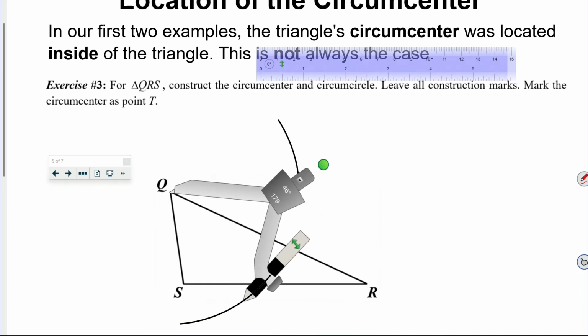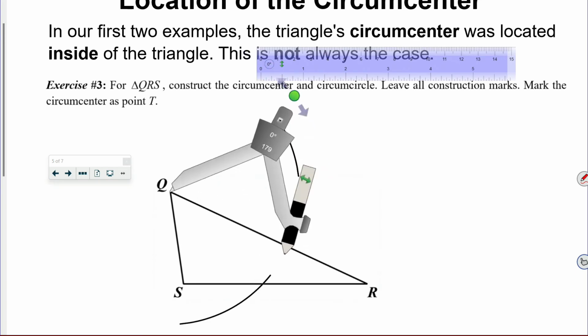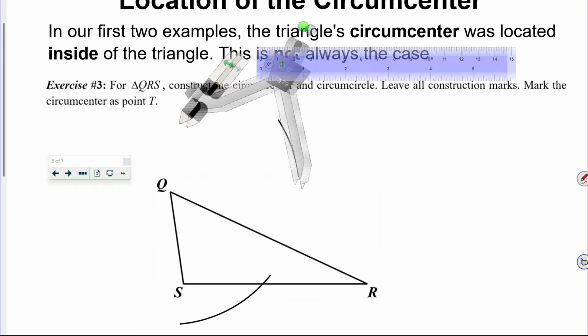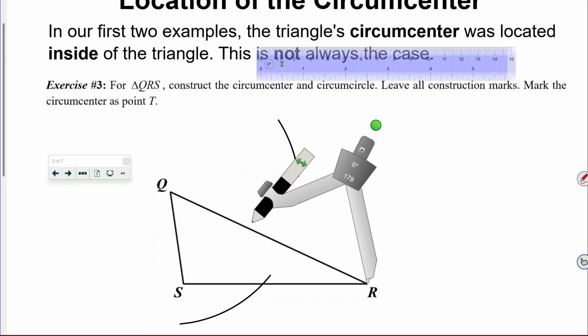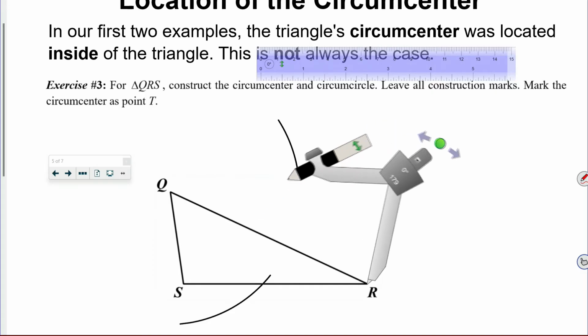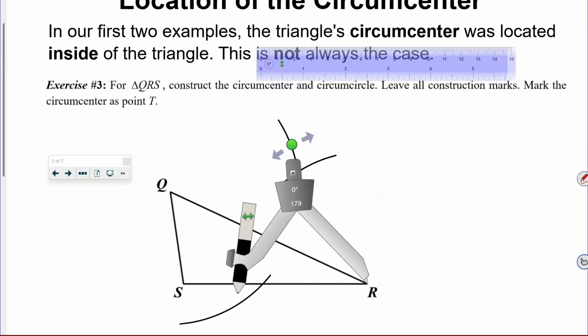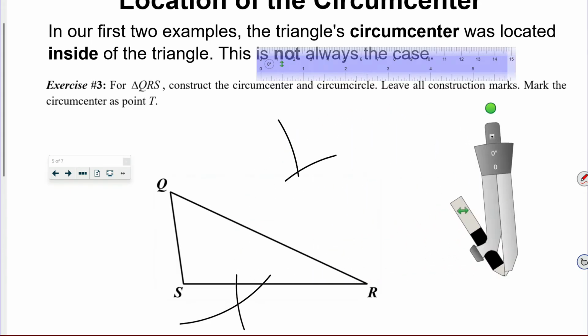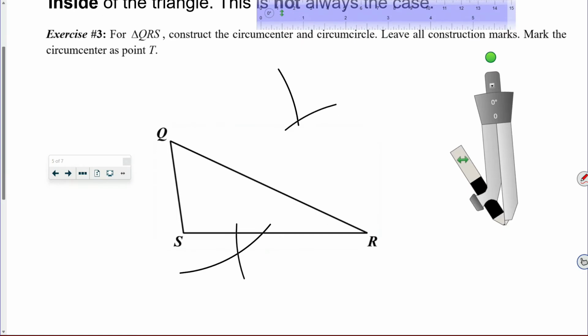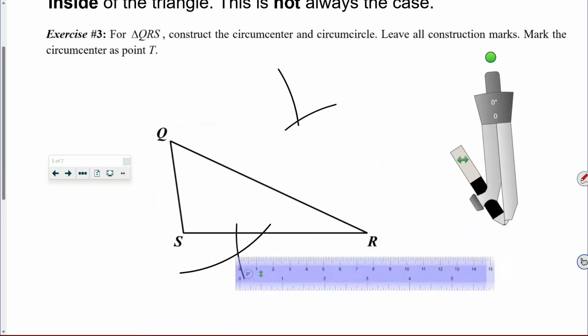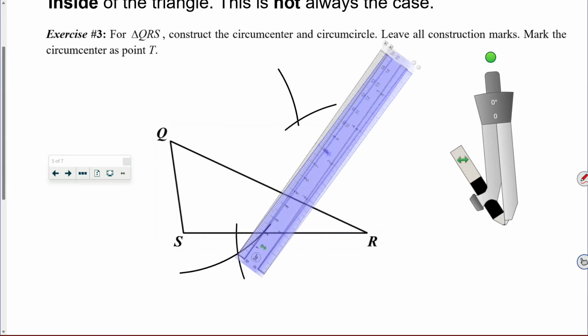Another arc there. Bring that up. Switch it around. This gets to be kind of a boring construction after a while, but it is what it is. Oh, just barely caught it that time. This one's a little bit better. Okay, so put that away. Move this up. And let's get that perpendicular bisector.